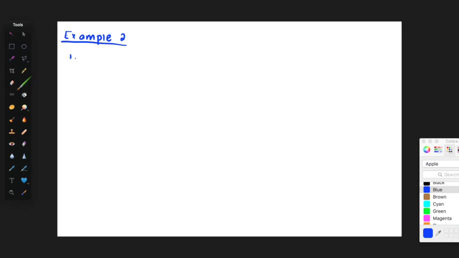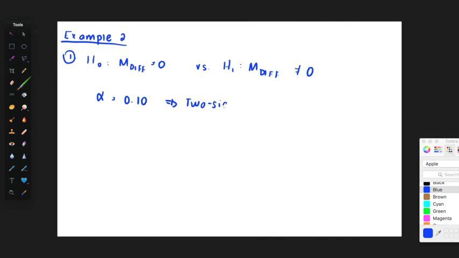So state our hypothesis, and we know H naught: M diff is equal to 0 versus H1, where M diff, the median differences, is not equal to 0, and alpha is 0,10, but we know it's a two-sided, so that makes it alpha over 2, which is now 5%.